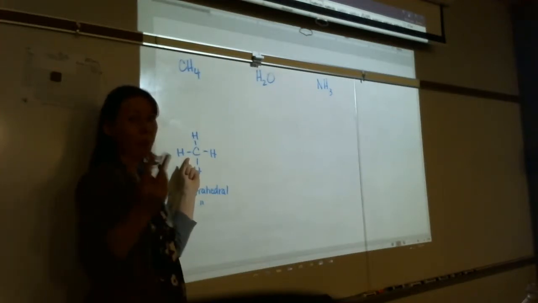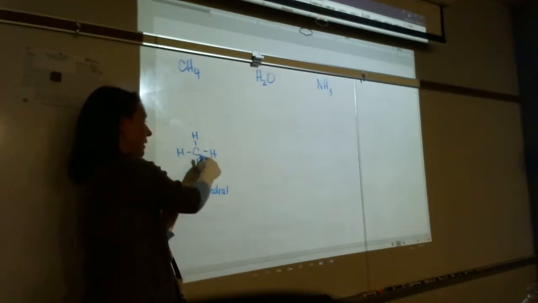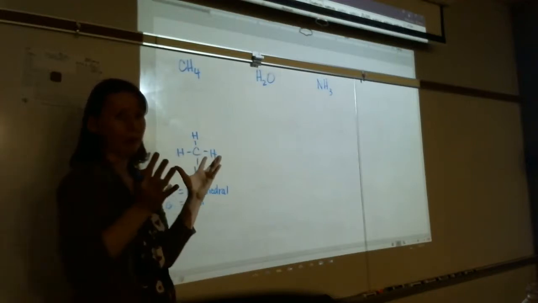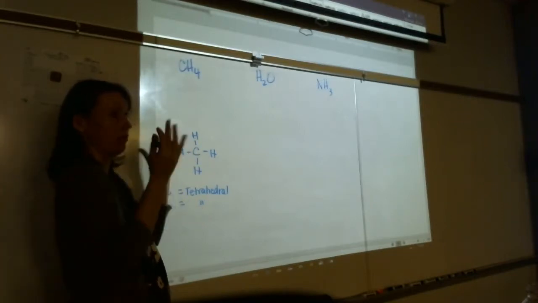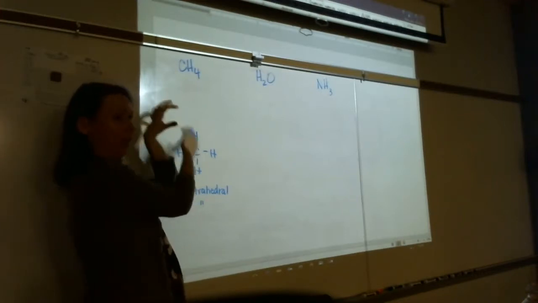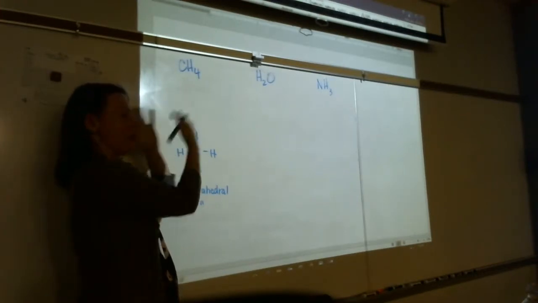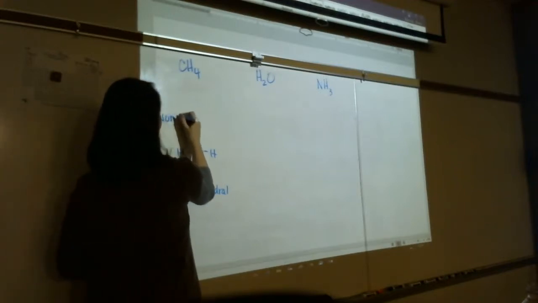So it's a nonpolar bond, and this is a nonpolar bond, and this is nonpolar. They're all nonpolar bonds, so could this molecule ever be polar? No, because there's no area of the molecule where you'd say, wow, I've got a lot of electron density. So this molecule is also classified as nonpolar.